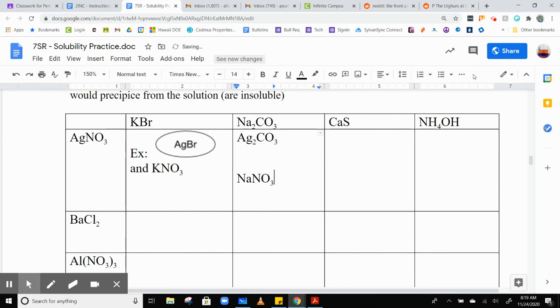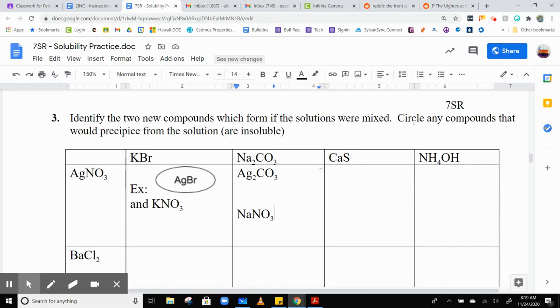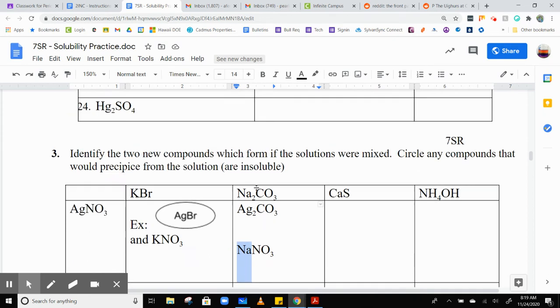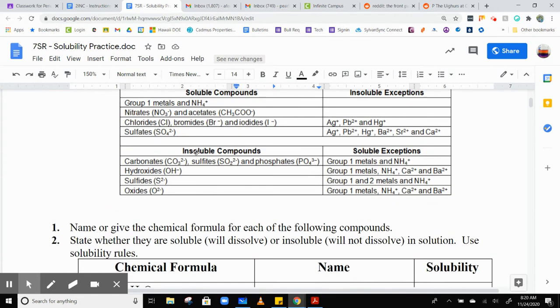Okay, and then you want to tell me which one is soluble and insoluble. So instead of circle, you can just highlight. So highlight anything that's insoluble. So here we have carbonate. All nitrates are always soluble, as well as all group one elements. Let's look at silver carbonate. Carbonates are generally insoluble.